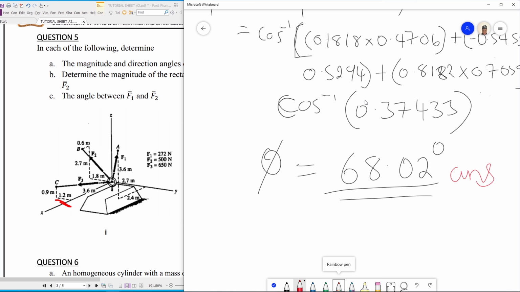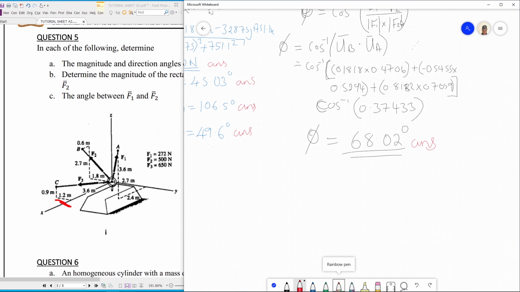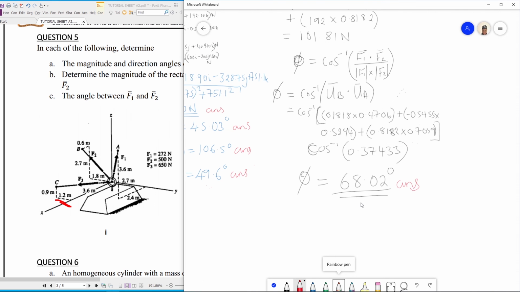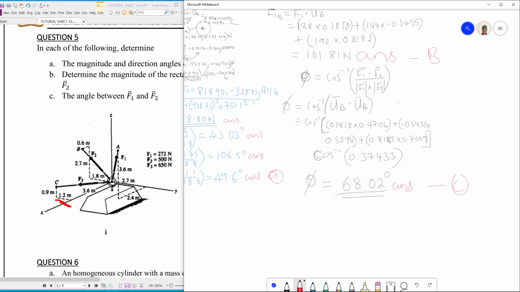Part B is the answer we found up there, which is this one. This is the answer for B, this is the answer for C, and this is the answer for A. Okay, thank you.